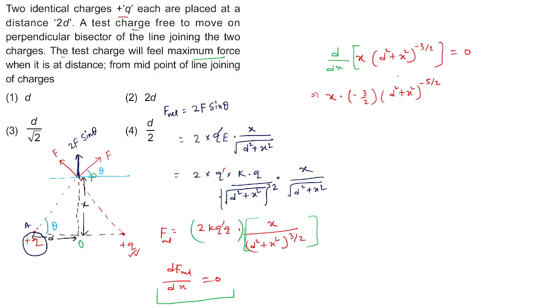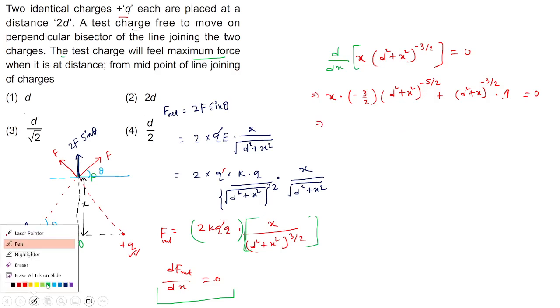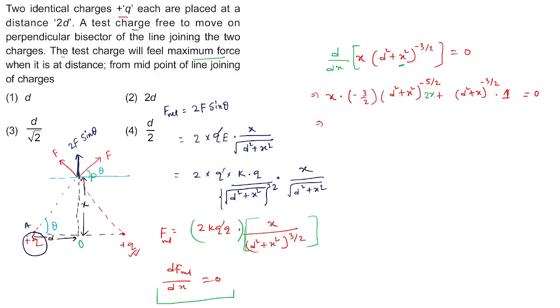Then the second part remains constant, that is d square plus x square whole to the power minus 3 by 2, and the derivative of x, which is 1, equals 0, correct? Is there any mistake here? A 2x will be there, because here it was x square, not x, so 2x.